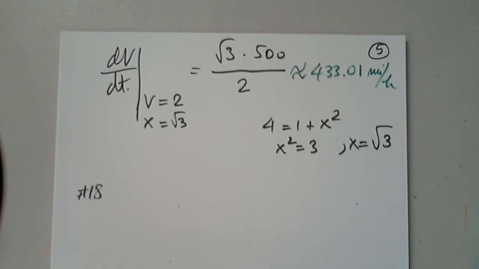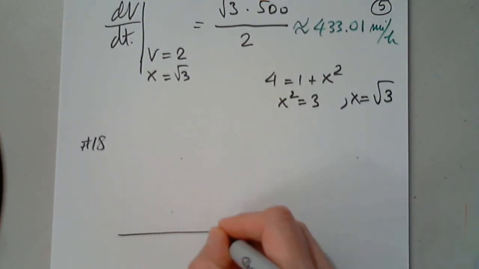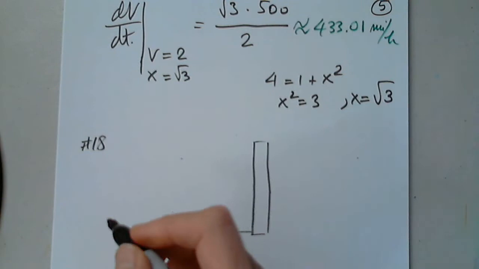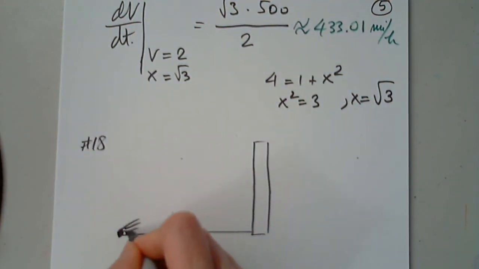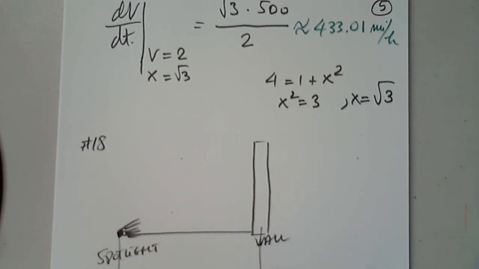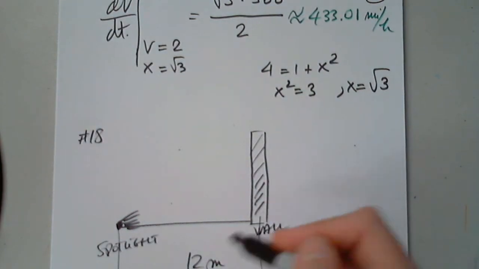A spotlight on the ground shines on a wall 12 meters away. Say no more. Wall, spotlight, 12 meters away. From what I just read, this is it.